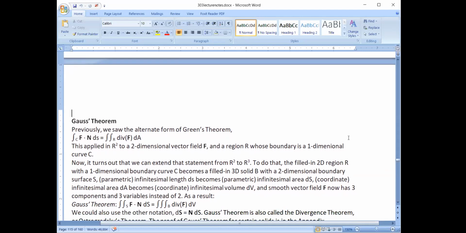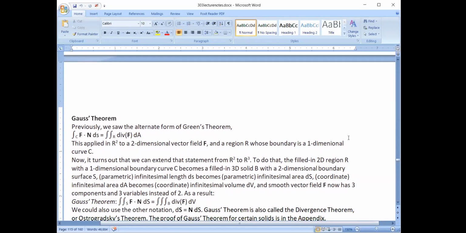We can also write this in our other notation, where by definition unit normal n dS can be written as d bold S or d oriented S. That's just a different notation for the same thing.